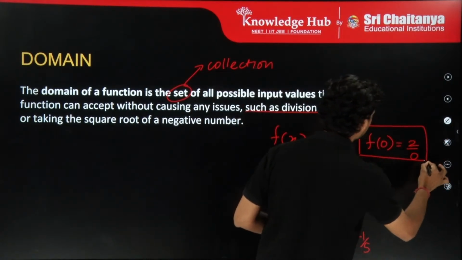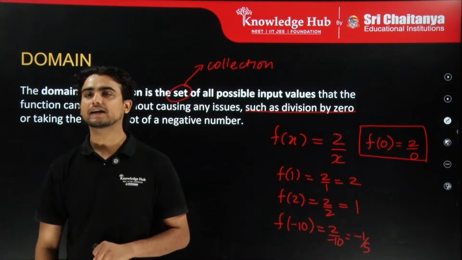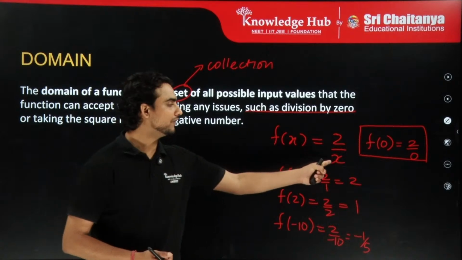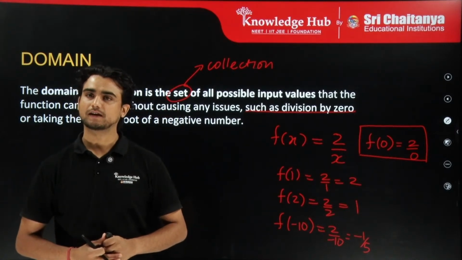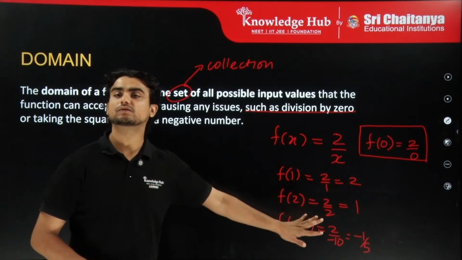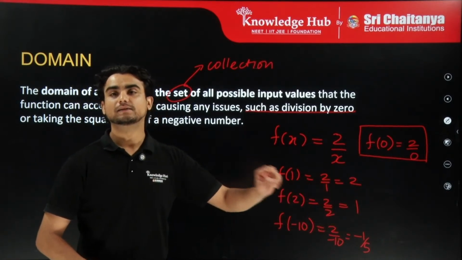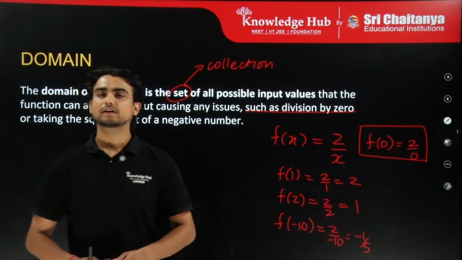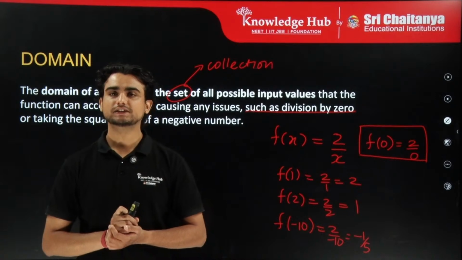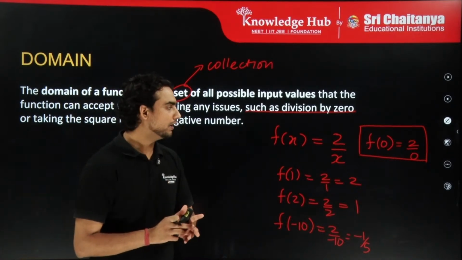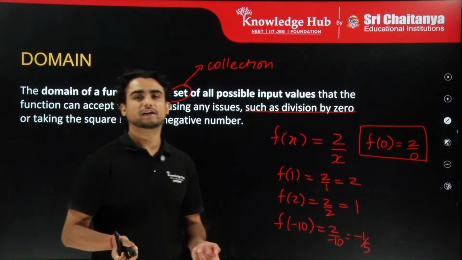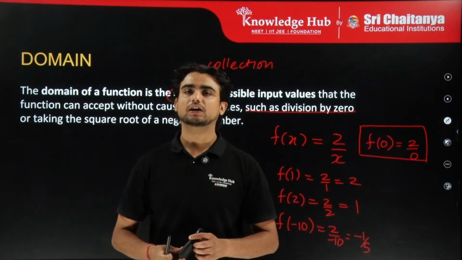The issue is that I cannot give this function an input of x equals 0. For any other value other than x equals 0, I will get my output, which does not violate any rules, which is mathematically correct. But for x equals 0, I will get an undefined number.